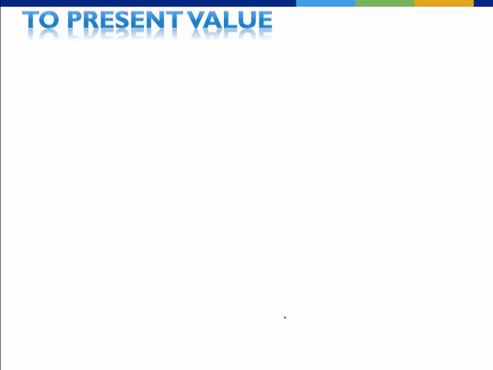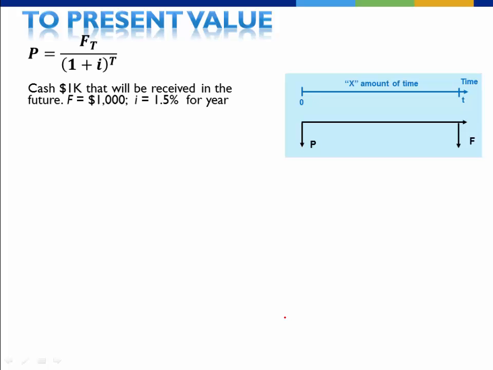Now let's move to present value. In this case, for present value, we're going to be talking about formulas 1.1 and 1.2. So let's say that at some point in the future, you know that you're going to be receiving $1,000.